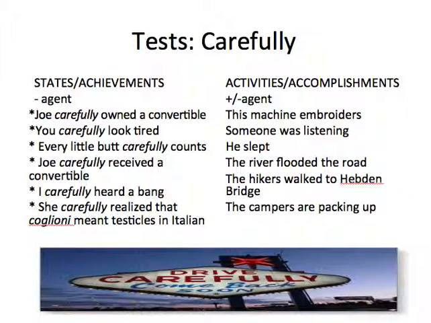The river carefully flooded the road. No. The hikers carefully walked to Hebden. Yes, because hikers are agents. And the campers are carefully packing up. Yeah, because campers are agents. So carefully is one way. Notice these are not totally clear-cut tests, but it's one way of separating out states and achievements from activities and accomplishments.